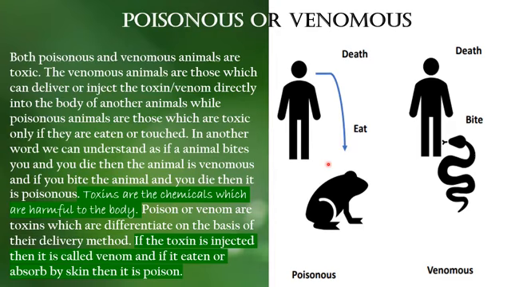Poison or venom are toxins which are differentiated on the basis of their delivery method. वो किस तरीके से आपके बॉडी पे रीच कर रहा है, that is the thing different in both of them. If the toxin is injected, then it is called venom, and if eaten or absorbed by the skin, then it is poison.